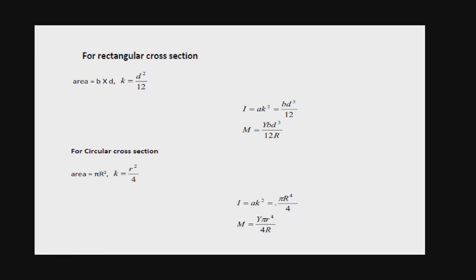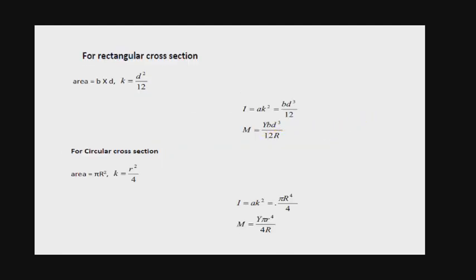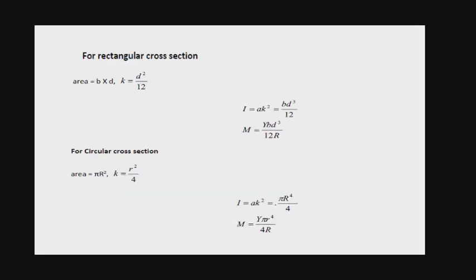Next, M is equal to Y B D cube divided by 12R, by this derivation of y by r into I. Next, for circular cross section, area is equal to pi r square.